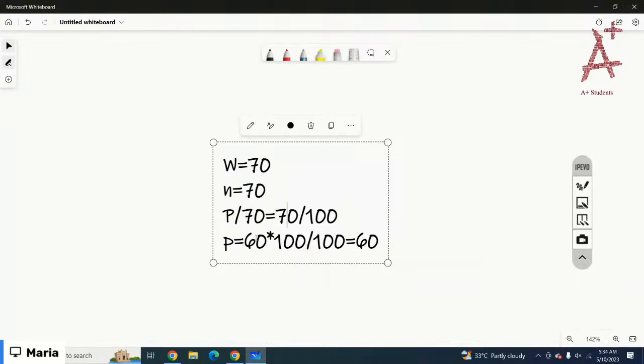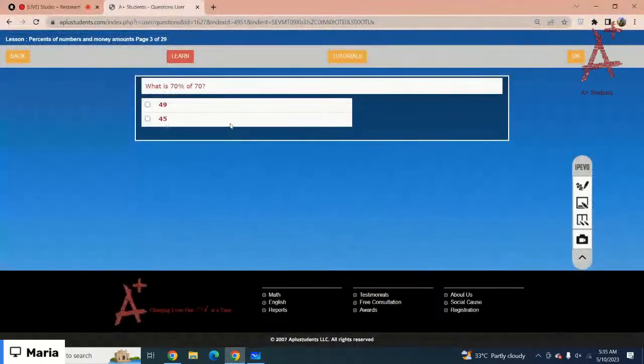When you cross multiply, it would be 70 times 70 divided by 100. So it would be 49, because 7 times 7 is 49. That means 70% of 70 is 49. So the correct option is 49.